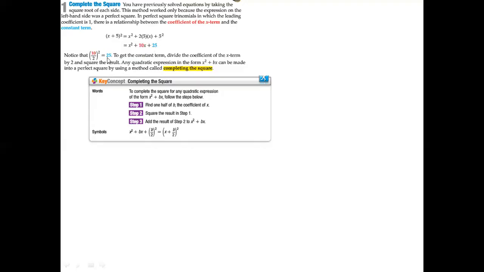Any quadratic expression in the form x squared plus bx can be made into a perfect square using the method called completing the square. So to complete the square for any quadratic expression of the form x squared plus bx, follow these steps. Take half of the coefficient of the x term, or half of b, square it, and add it to the result. Okay?